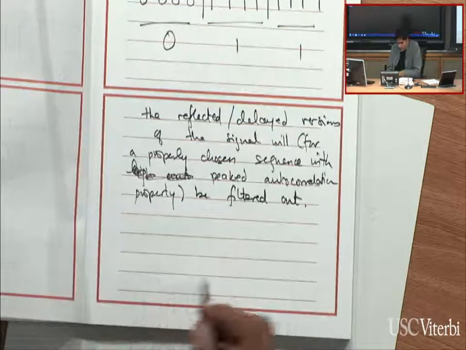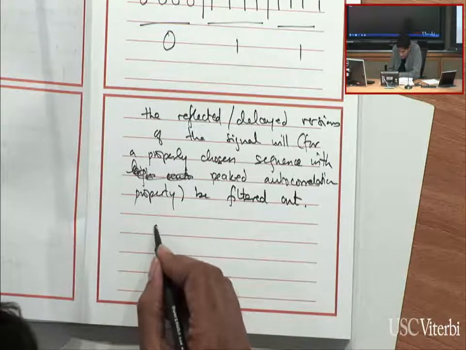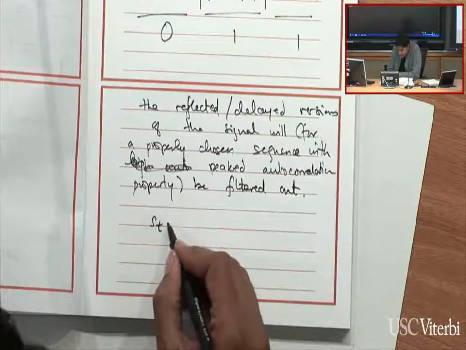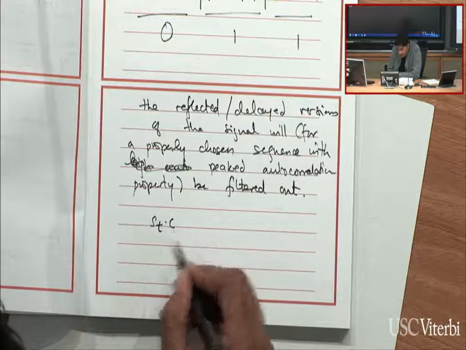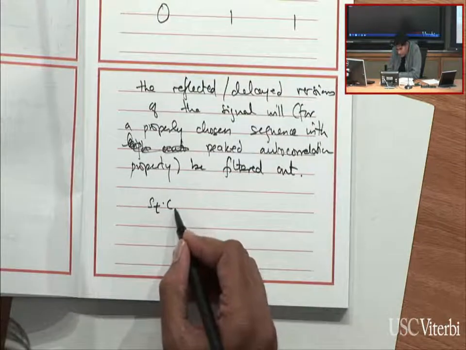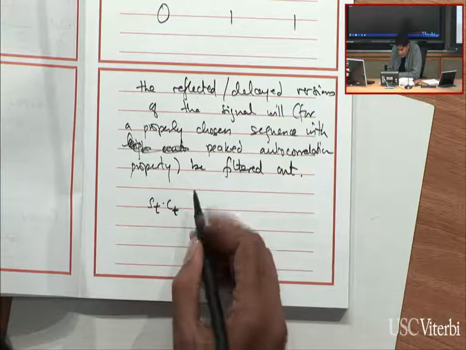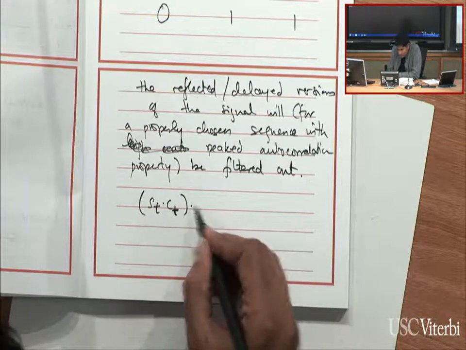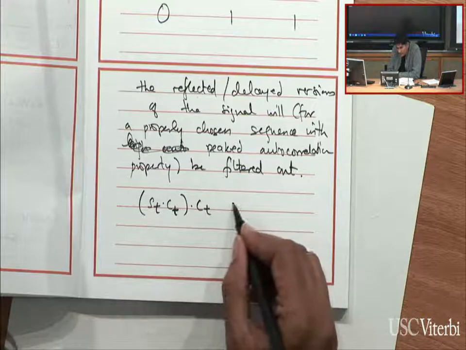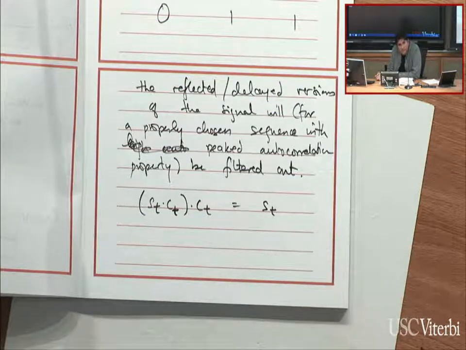So the reason for this is that if I send my original signal and encoded by whatever the chip sequence is, right? And then I decode it with the same chip sequence, I get back my original signal.